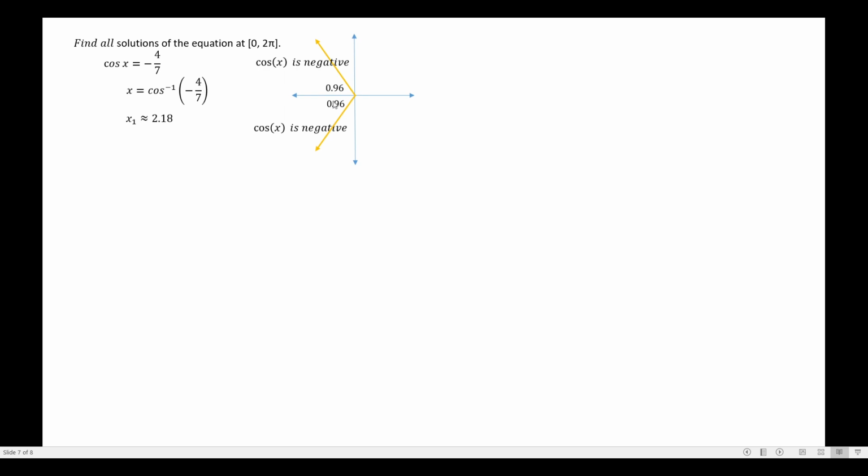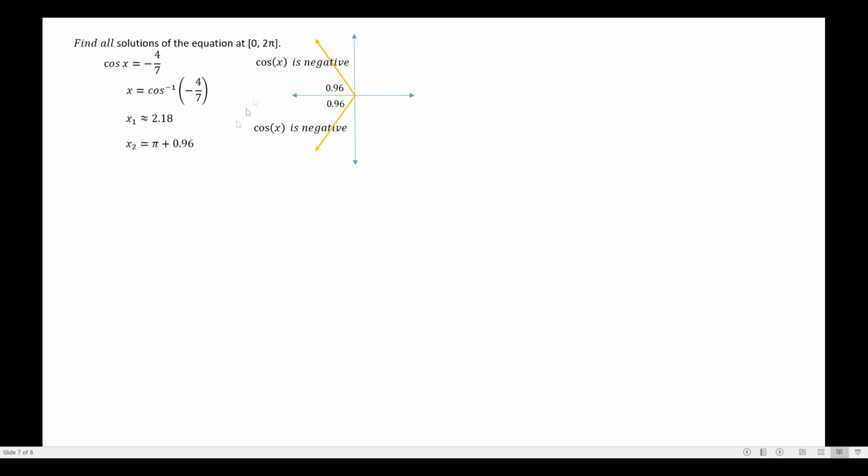Just be careful in getting the reference angle. Now to solve for the second value, that should be pi plus 0.96. That means from the right side, taking the angle in standard position, moving towards the left side is pi, or 180 degrees, plus the reference angle, 0.96.